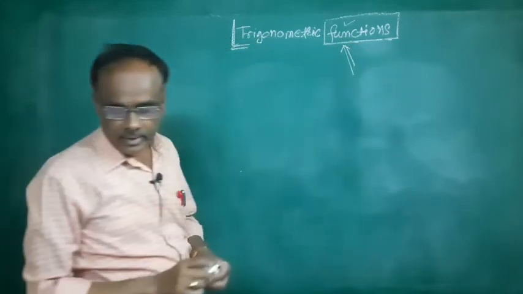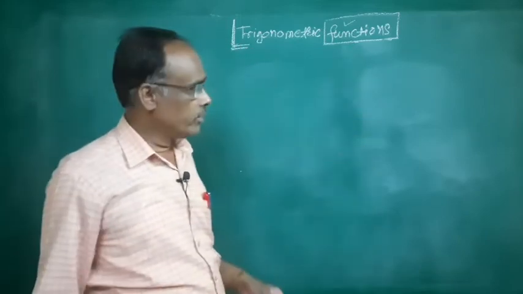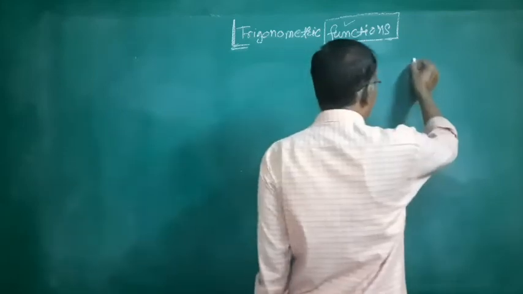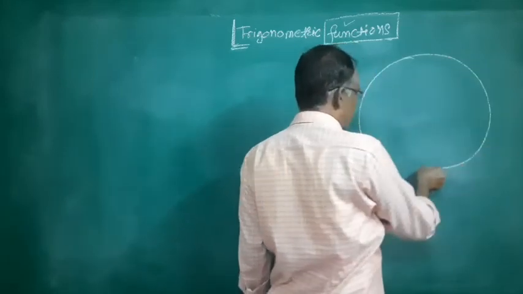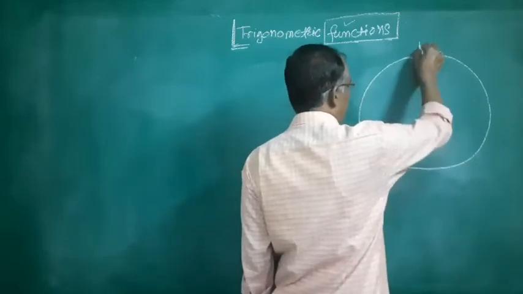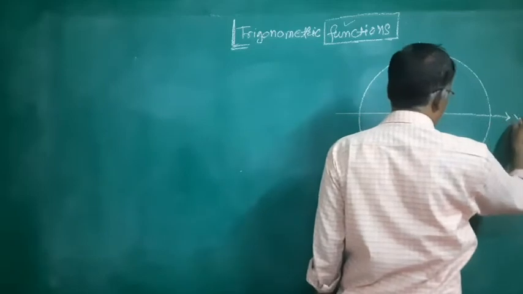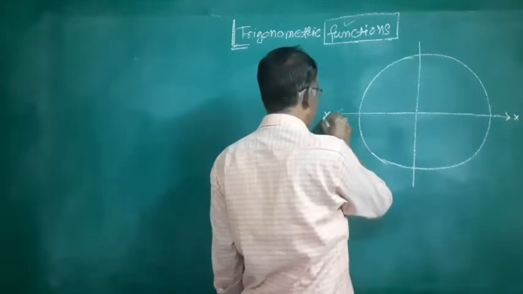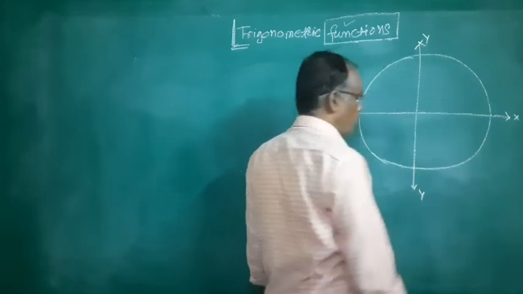Let's consider a unit circle on a Cartesian plane. Here is the x-axis, x x dash, and y y dash.